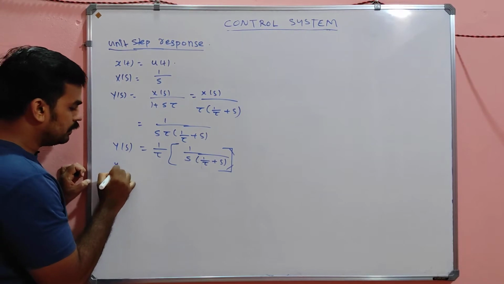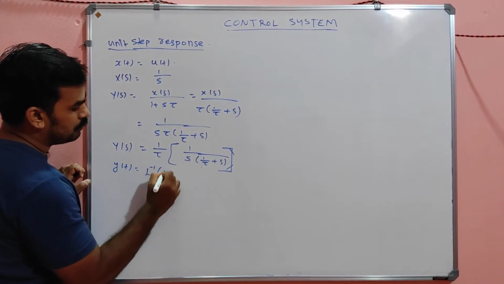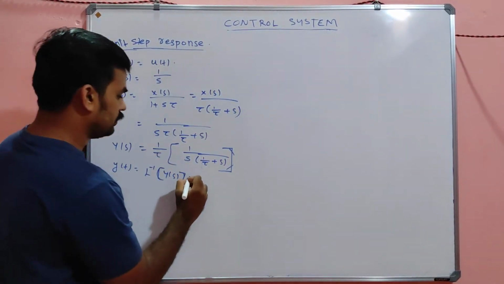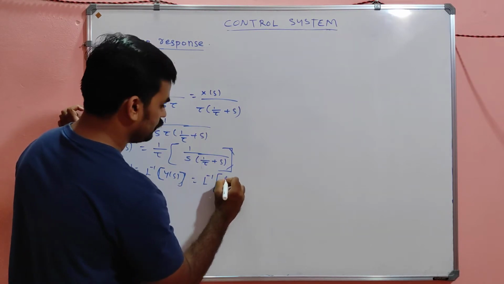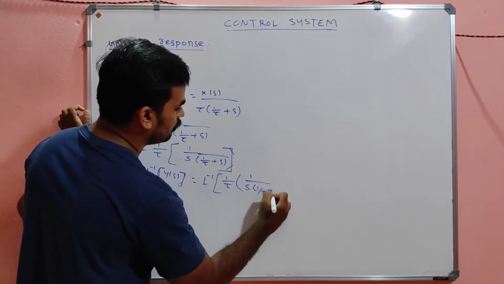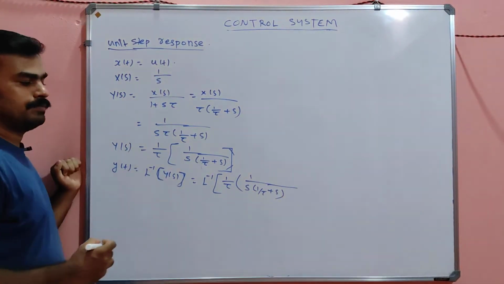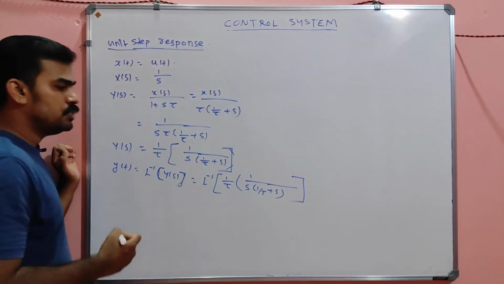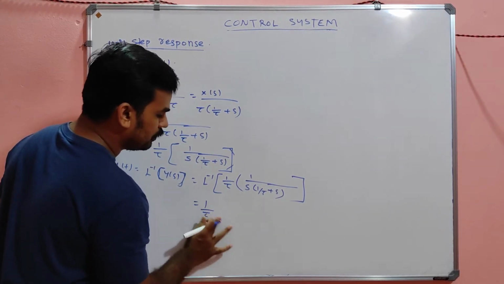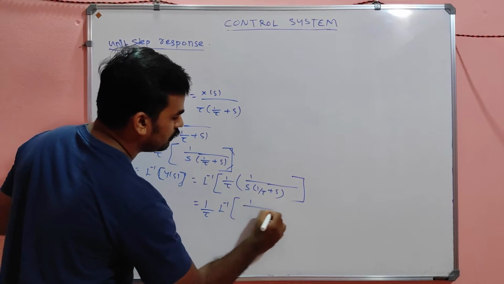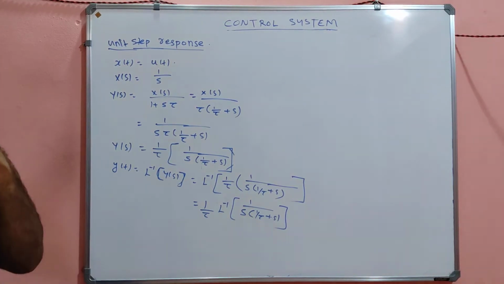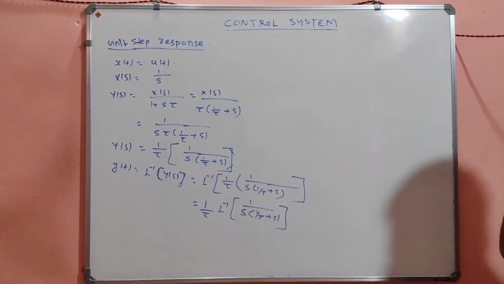So what will be y of t? It is L inverse of y of s, that is L inverse of 1 by tau into 1 divided by s into 1 by tau plus s. Correct, my dears? 1 by tau is always constant, so it is simply 1 by tau into L inverse of 1 by s into 1 by tau plus s. How can we solve such an equation?